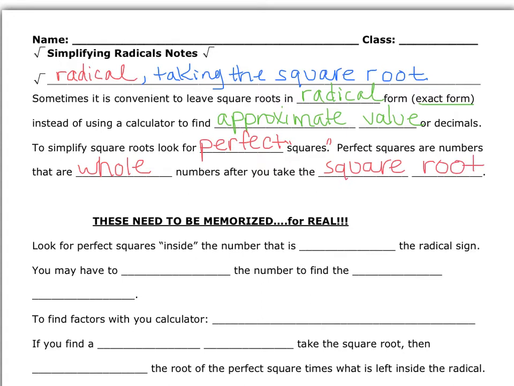Now, these numbers are: 1 squared is 1, 2 squared equals 4, 3 squared equals 9.